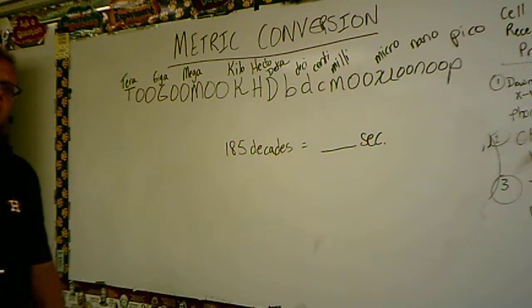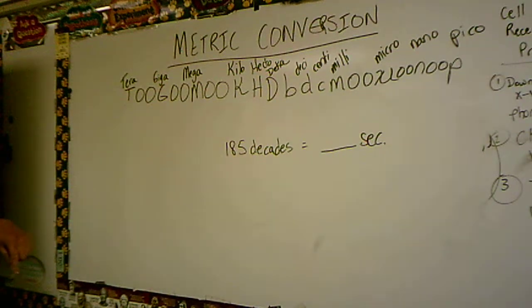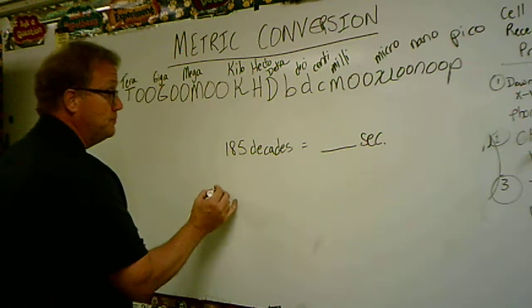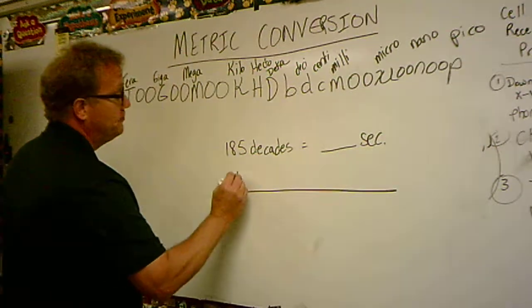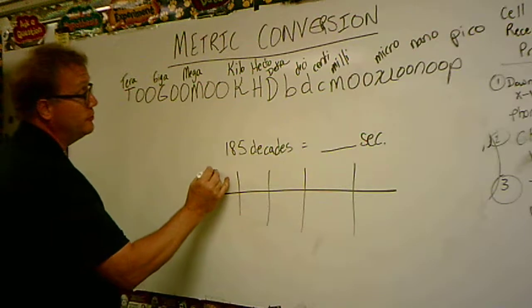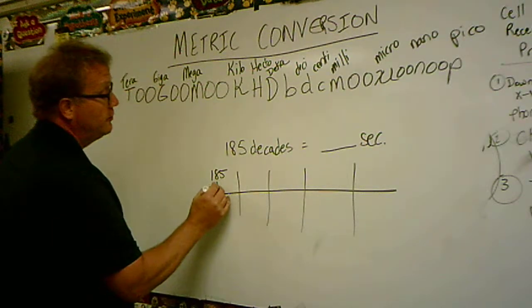Well, instead of sitting there, saying, well, I gotta multiply, divide, I don't know. All you have to do is do conversion. It makes it nice and simple. And we use conversion all throughout chemistry.